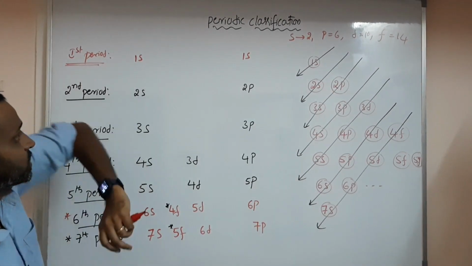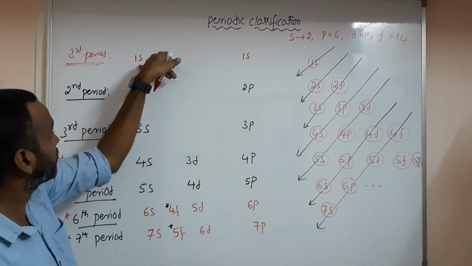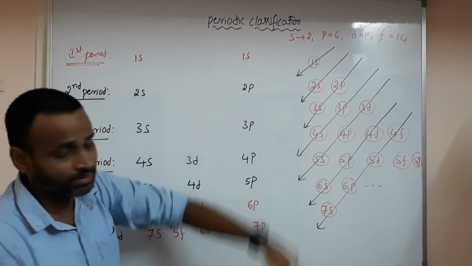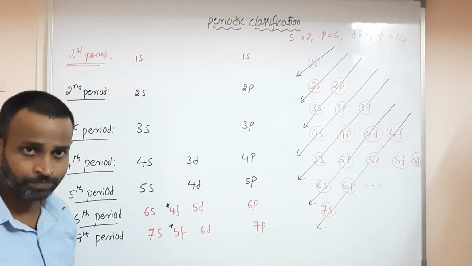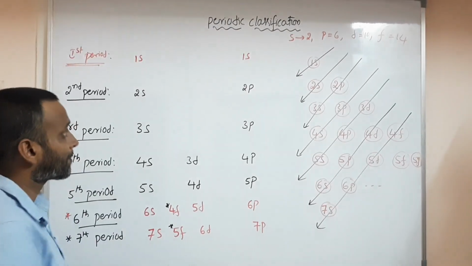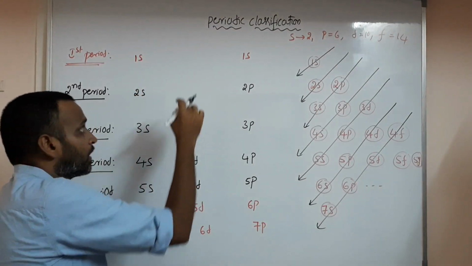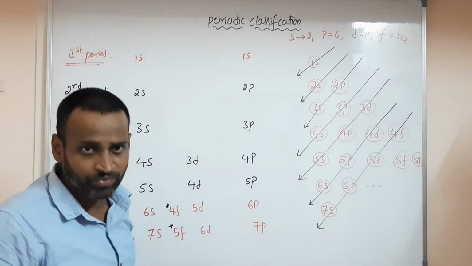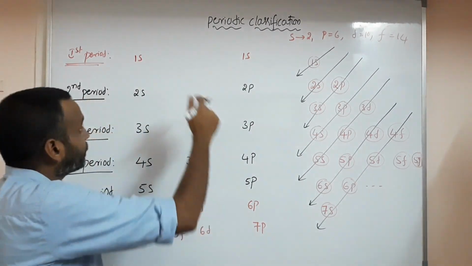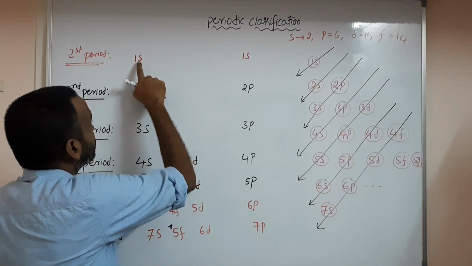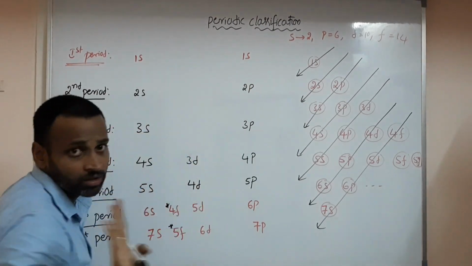Okay, so in the first period, what subshells are going to fill? S and S. So what do I have to say now? In the first period, you have to classify elements in which the differentiating electron enters into the 1s orbital. This is important.